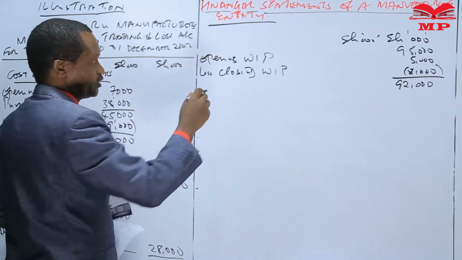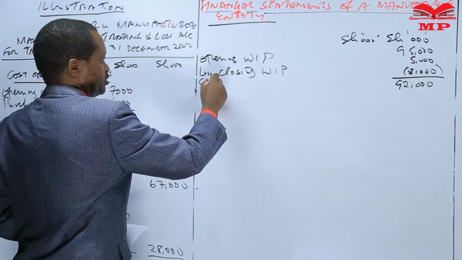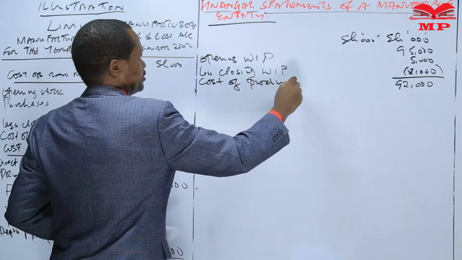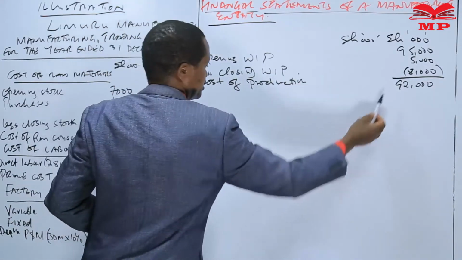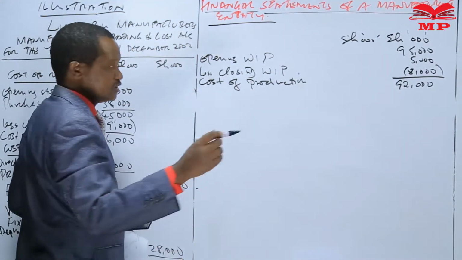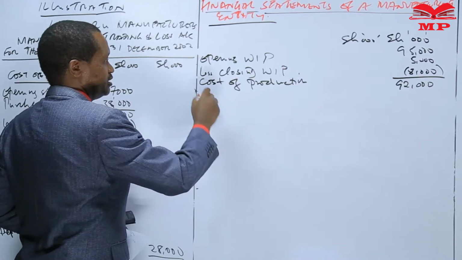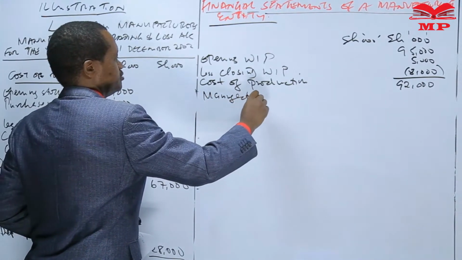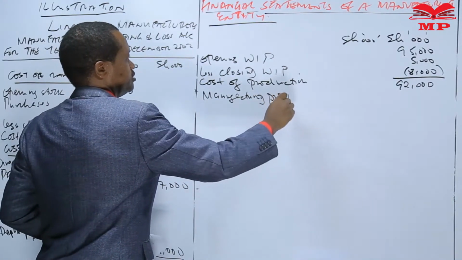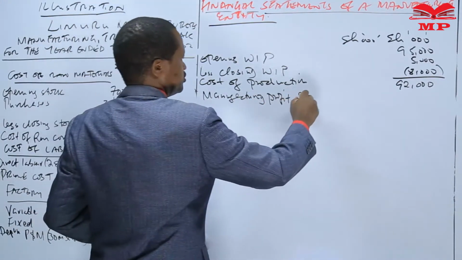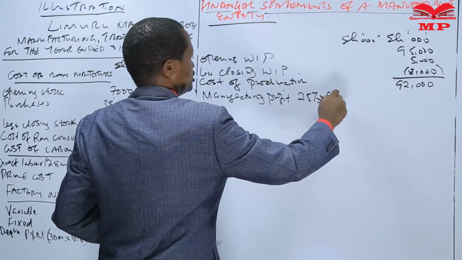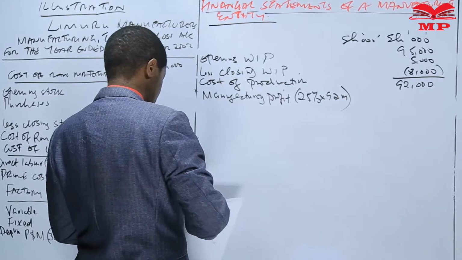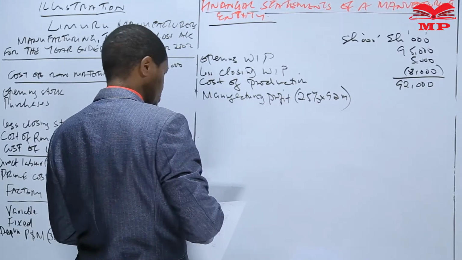The cost of production, or the production cost. It is on this cost of production that we'll apply the 25% to get the manufacturing profit. Manufacturing profit is 25% times 92 million.